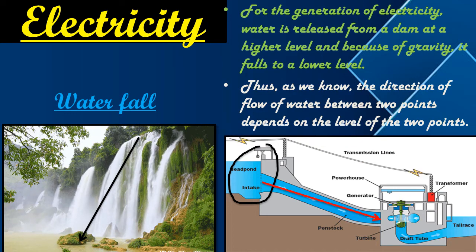Penstocks are basically the channels through which the water moves from the pond or dam to the turbine system. This is a generator turbine system where electricity is produced by using the generator or turbines. So this is a way to produce electricity by using the dam.